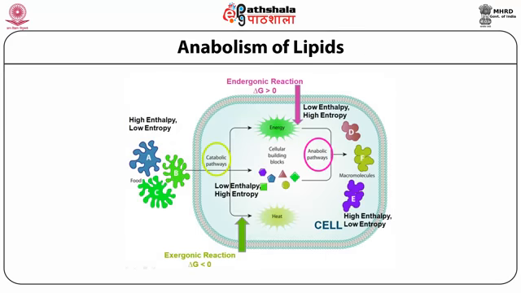In this pictorial presentation, the diagrammatic representation shows how enthalpy and entropy play an important role in anabolic as well as catabolic pathways. There are two types of reaction going on: an exergonic reaction where delta G is always less than 0, and endergonic reactions where delta G is always more than 0.